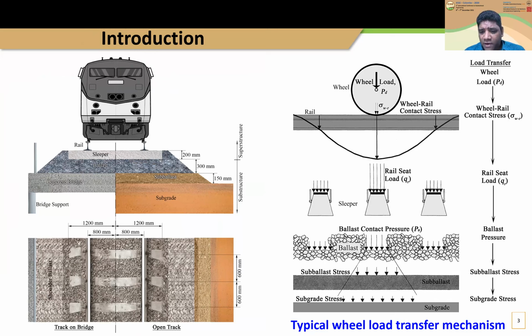Out of these different layers transferring the load to the subgrade system, the ballast layer is one of the important layers, with many advantages, and it distributes the load very well to the subgrade system at a minimum level. So it is a very important layer, and whenever there are fast heavy haul trains, this layer gets damaged very quickly. We need to save this layer for a longer longevity of the track.